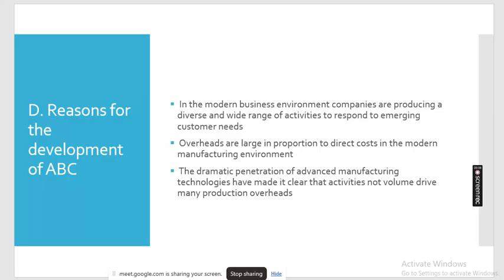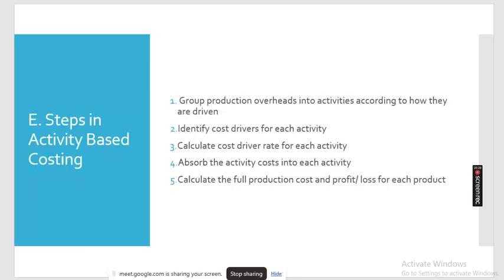So it's no longer labor hours, it's no longer units, but now overheads are driven by other activities such as setups, production lines, production orders, for instance. So that's the reason why ABC was introduced. At this point, I can ask if you have a question.